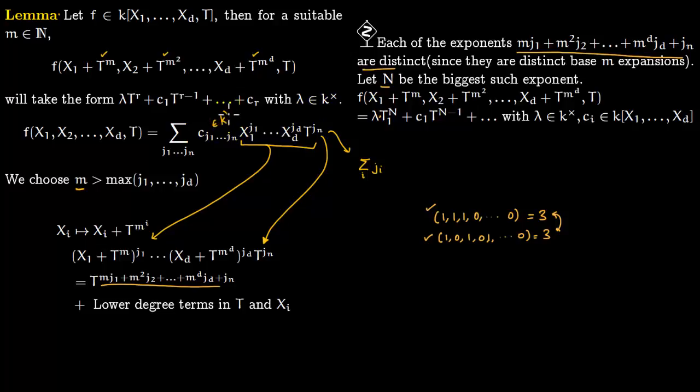This is obviously in the units of k. So the coefficient of the highest term is always non-zero, and you just take the maximum of that. It will have some lambda which will be in the units of k. But all other coefficients, the lower terms in t, will also have xi's in them. So c1 times t to the n minus 1 all the way down, each of these ci's could lie in this ring. But we were interested in having this lambda being a unit.